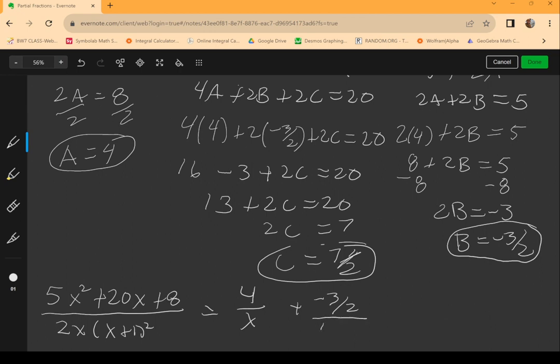Okay, so again here I made a mistake, getting ahead of myself. 16 minus 3 is 13. Subtract 13 from both sides, we get 7 on the right, 2c on the left. Dividing by 2, we get 7/2. And now we have our 3 coefficients, and we have our partial fraction decomposition here.